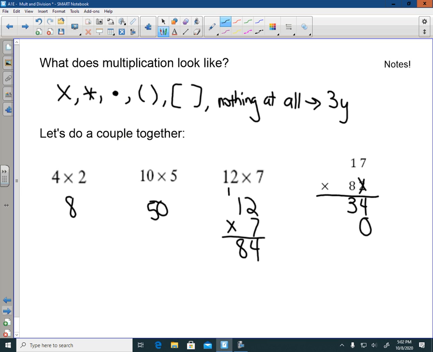Anybody remember? It's 56. So you drop your 6 and put your 5 up here. And then 8 times 1 is 8, plus 5 is 13. And now you're going to add them. Do you remember how I said at the beginning that multiplication was just repeated addition?